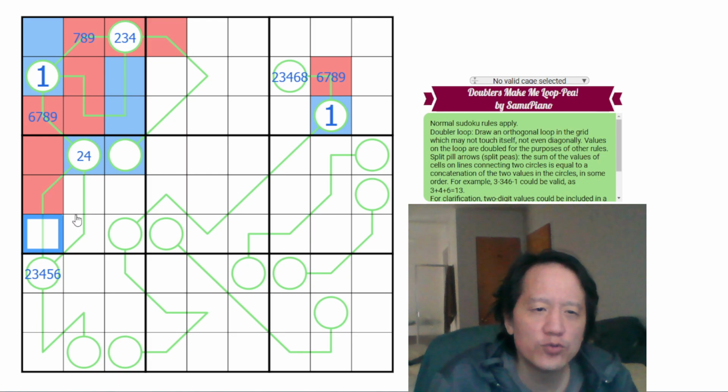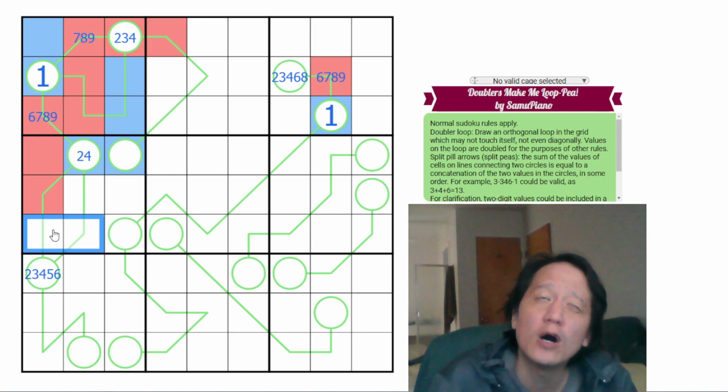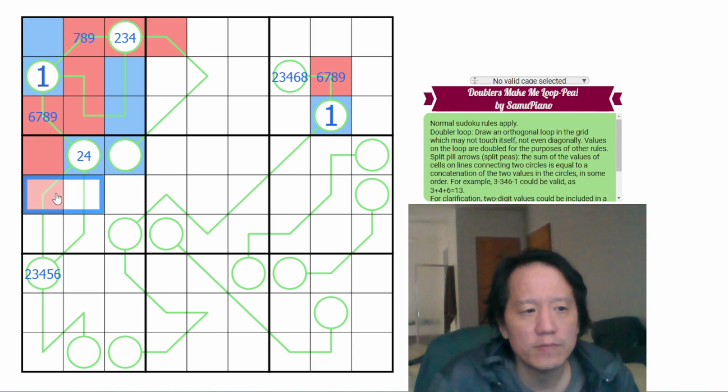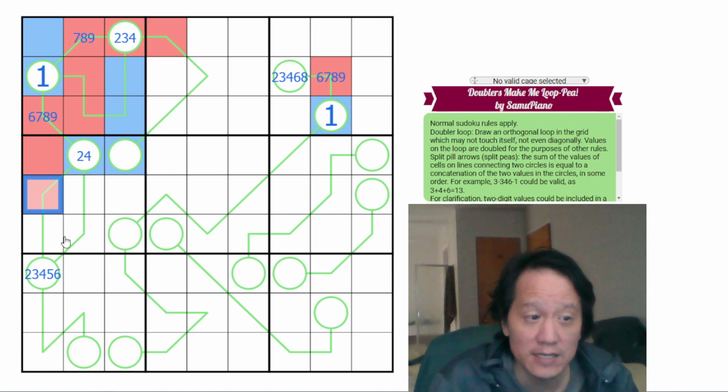Okay, so if you have 25, that means you have 2 odd numbers, and then you have 2 doubled numbers. So the odd numbers add up with the doubled number to form that set. So the 9 has to be doubled and 8 has to be doubled, at least, those are the least values. So 8 doubled is 16, but 25 does not add up to that.